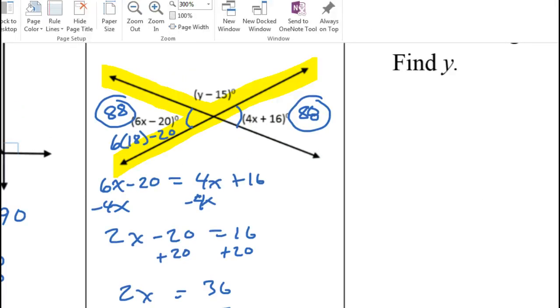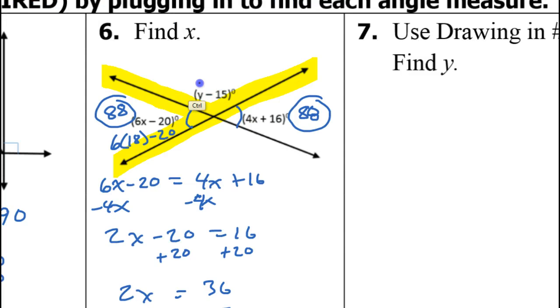So I should be able to find out what this angle is by subtracting from 180. So if I do 180 minus 88, okay, that is going to be 92. Okay, so that means this angle is 92 degrees.